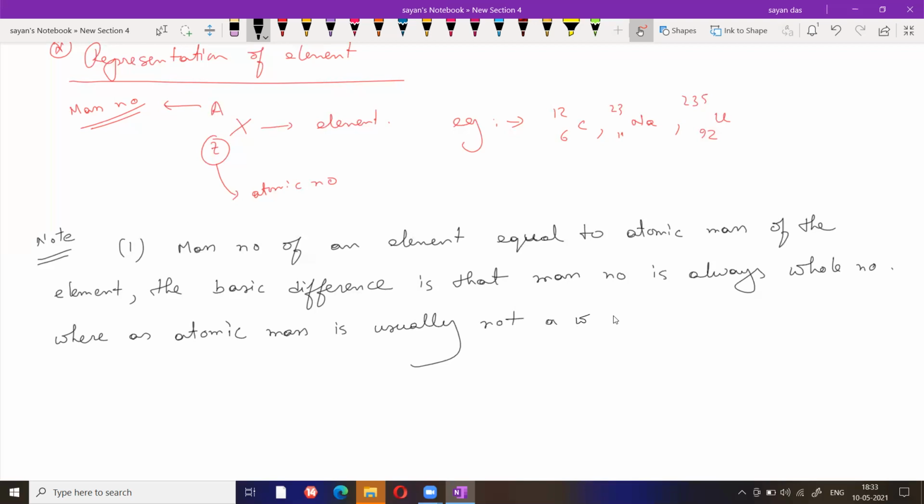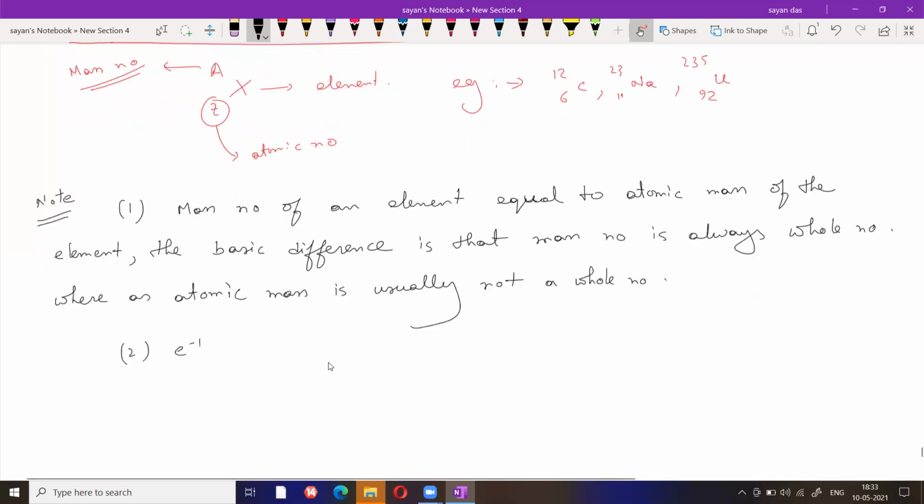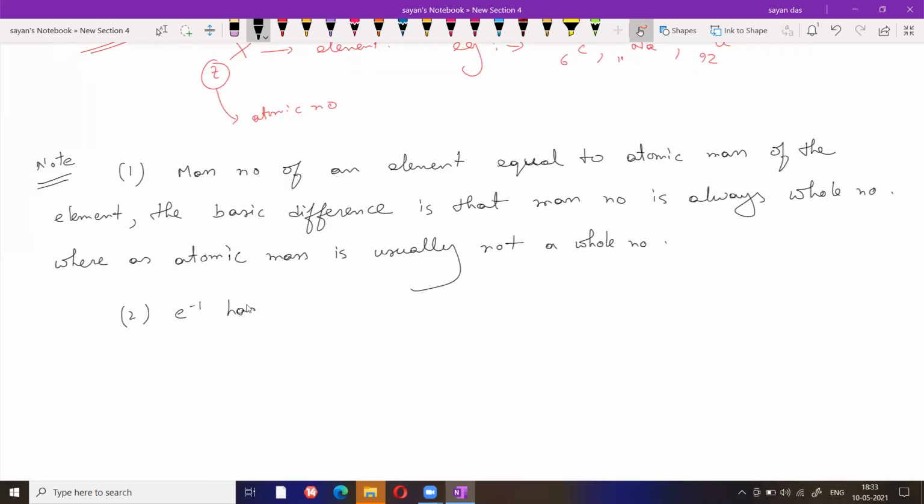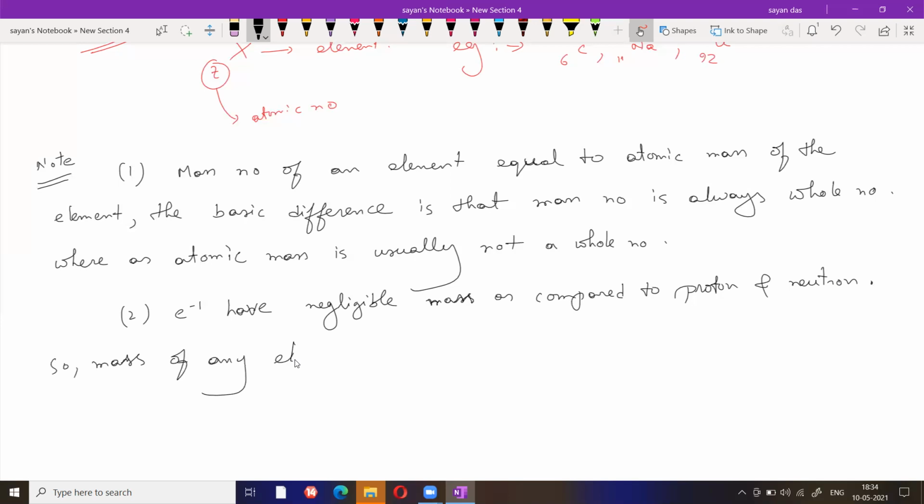Next, electrons have negligible mass as compared to protons and neutrons. So the mass of any element is only because of protons and neutrons.